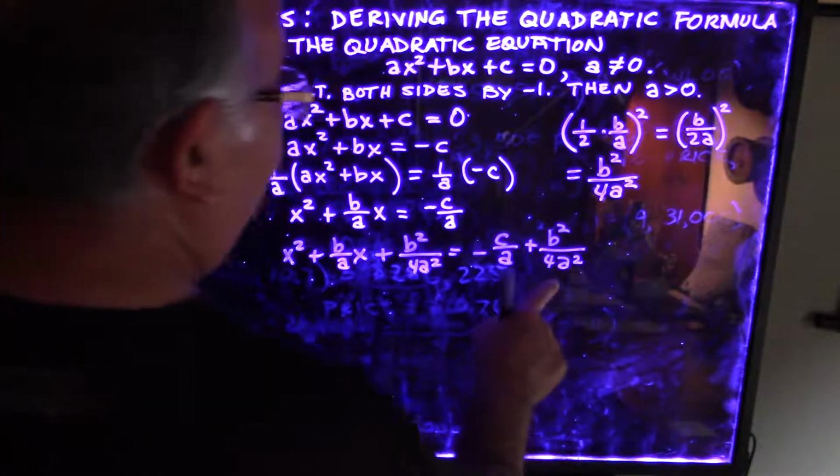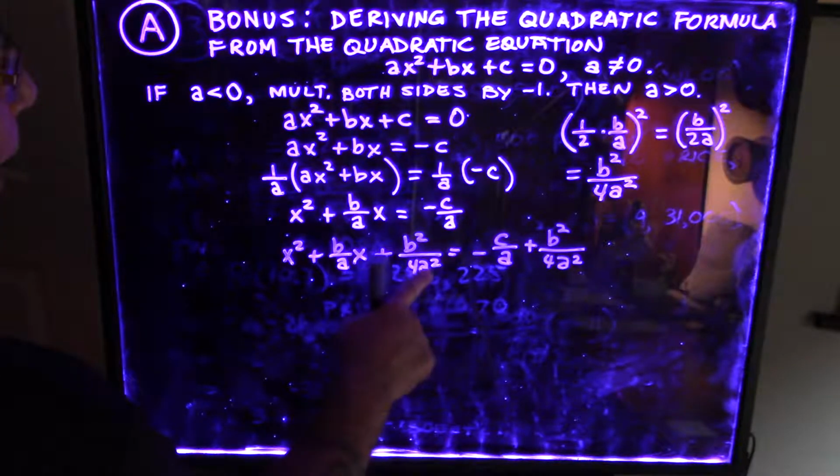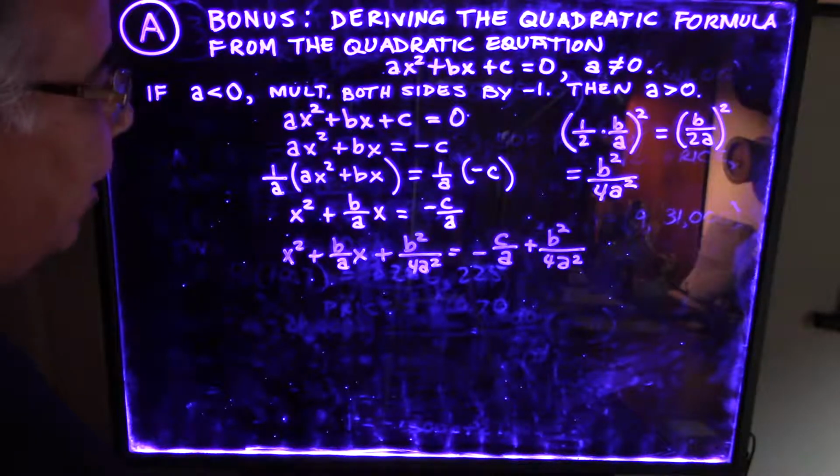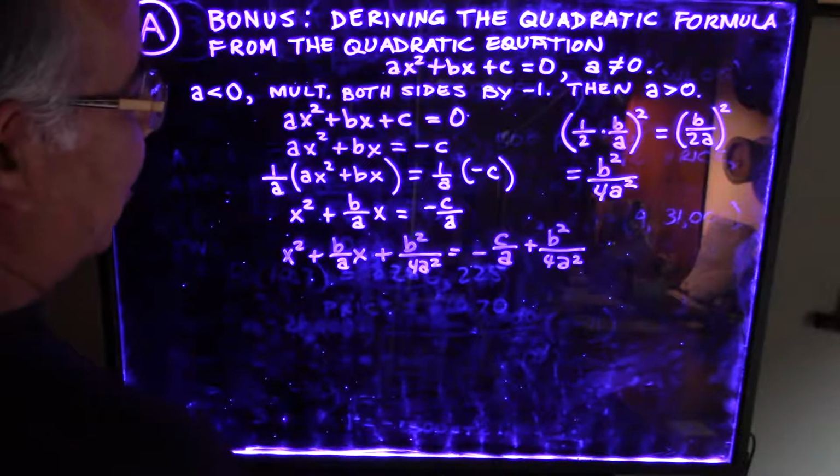Again, if you want, you can subtract that from both sides, and then you'll be adding and subtracting on the left side. Alright? So it's basically what we've been doing all along.